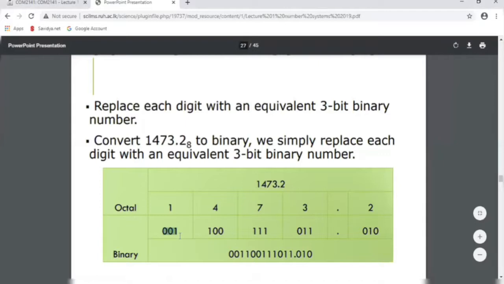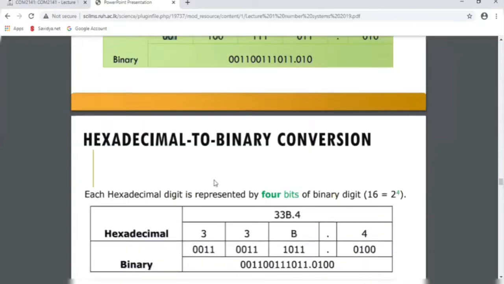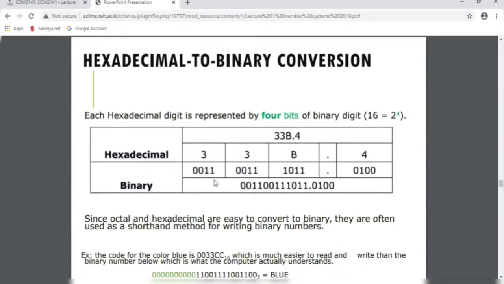Each and every digit needs to be represented with 4 numbers rather than 3. After that, you can write the binary number together, collecting all these binary conversions. So that's how you convert octal or hexadecimal numbers into binary. You can see we represented each with 4 binary digits.